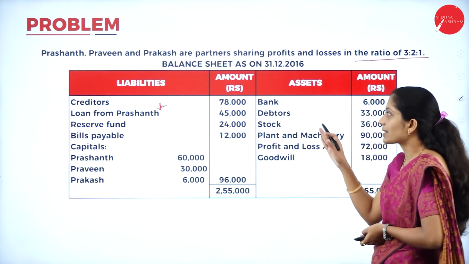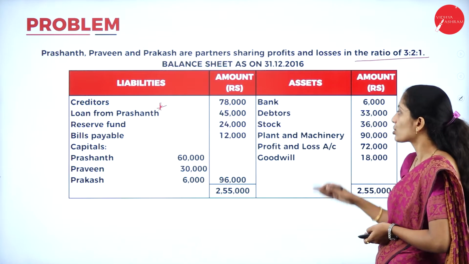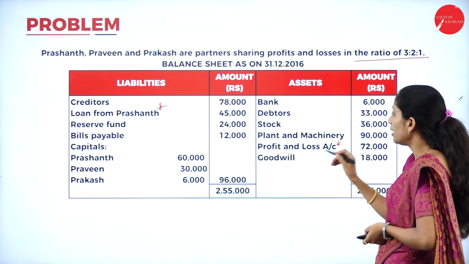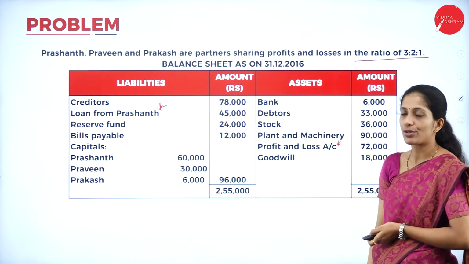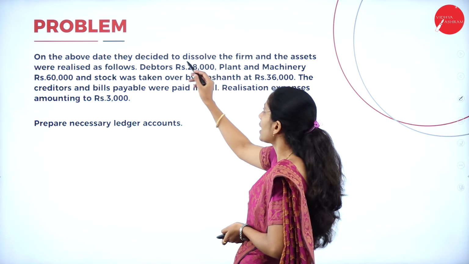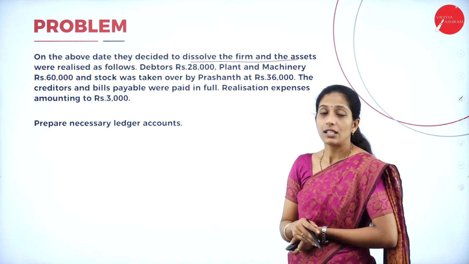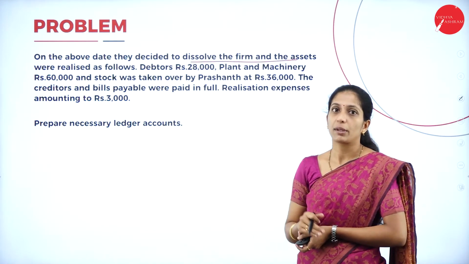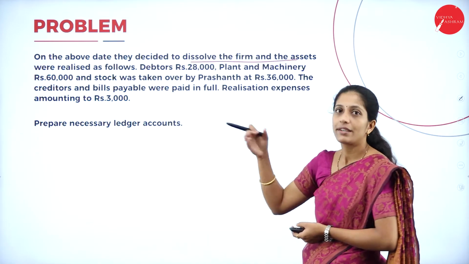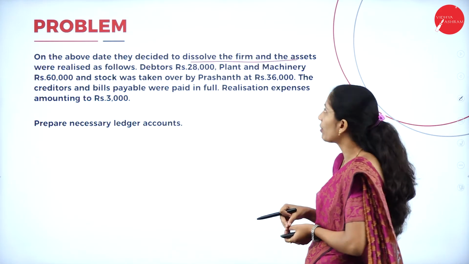Coming to the asset side, we have bank, debtors, stock, plant and machinery, profit and loss account, then goodwill. How much? 18,000. Next, on the above date, they decided to dissolve the firm. That is, before the closing down of the business, they have given the balance sheet. Now they have decided to dissolve or close the partnership firm.